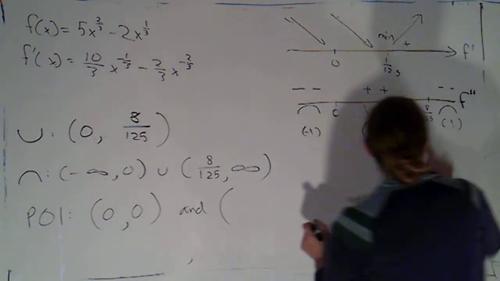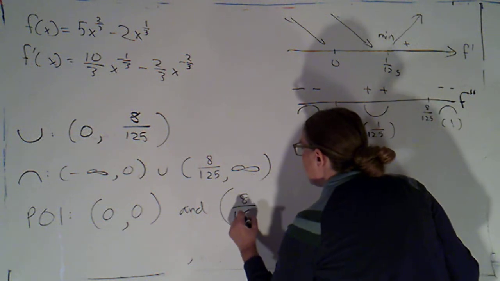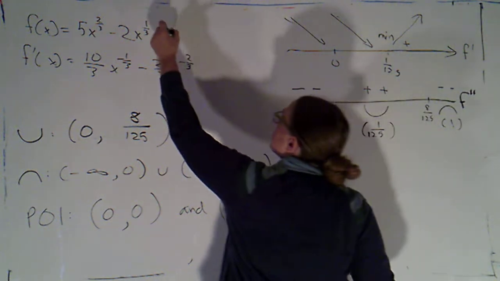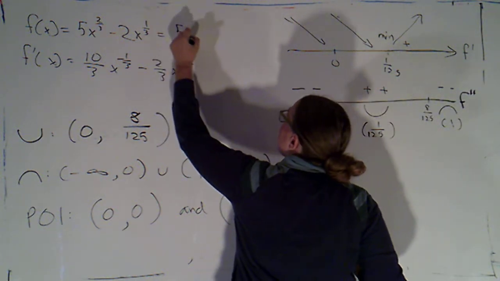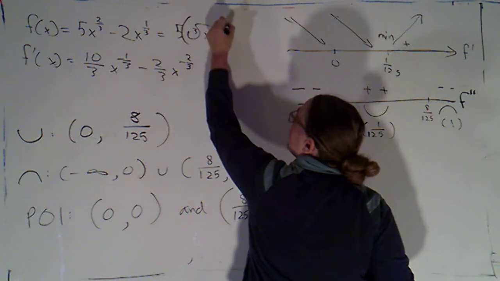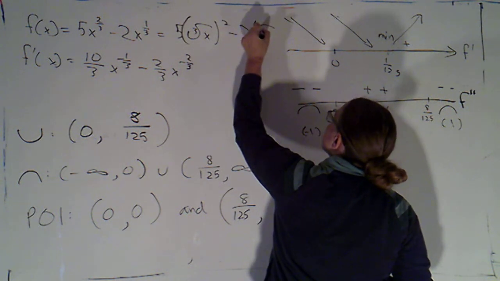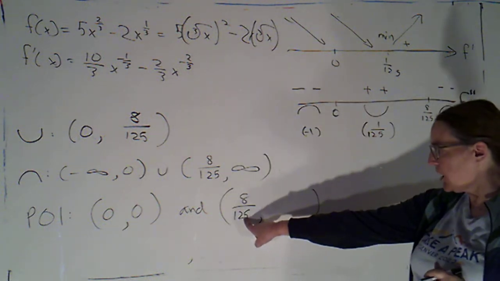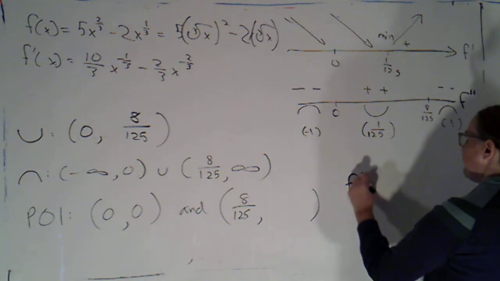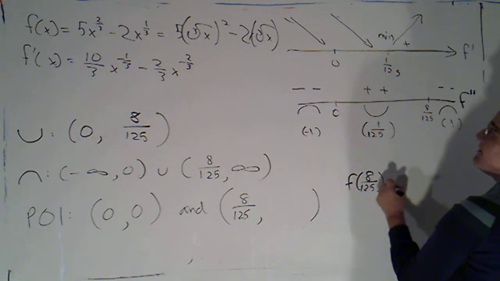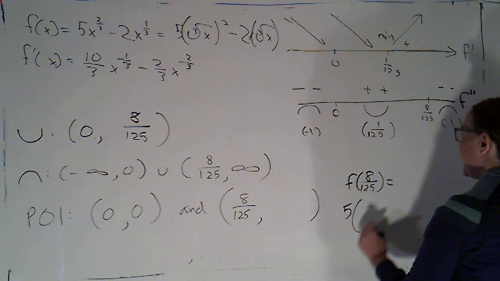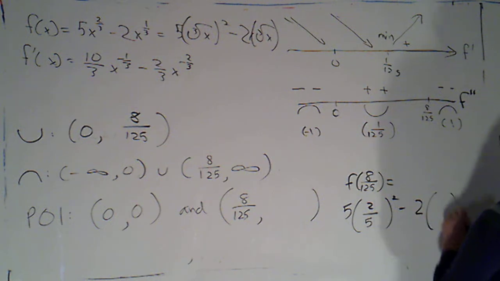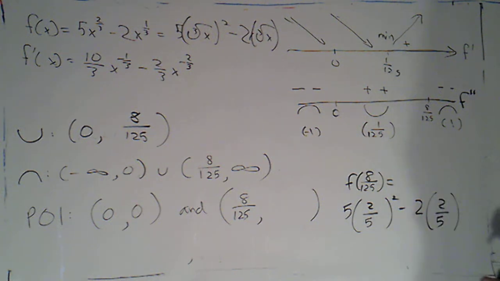And then I have another point whose x value is 8 over 125. If I plug into this function, I'm going to just rewrite this in terms of roots. This is 5 times the cube root of x squared minus 2 times the cube root of x. And remember, the cube root of this was 2 over 5. So f of 8 over 125 is 5 times 2/5 squared minus 2 times 2/5.